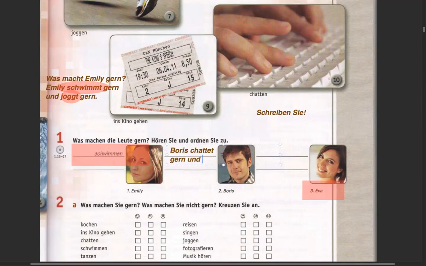Ashish, Saurabh, Siddesh, reist gern. Reisen is to travel basically. We saw that girl with the suitcase, so this is like a picture in memory. Reisen is to travel. Favorite German hobby mostly. So Boris chattet und reist gern.